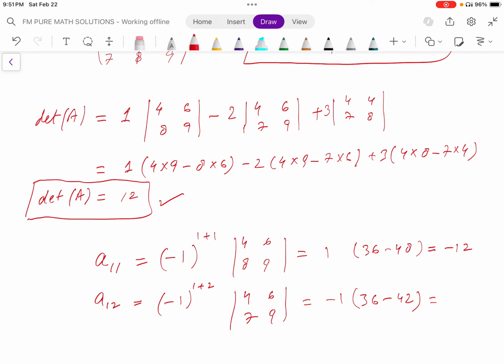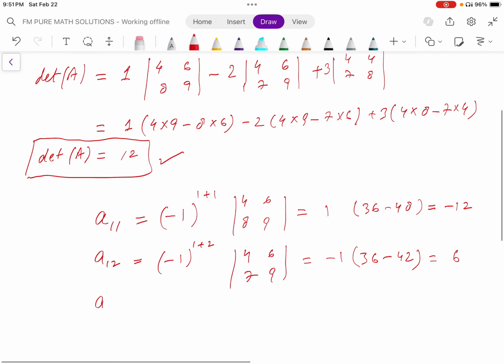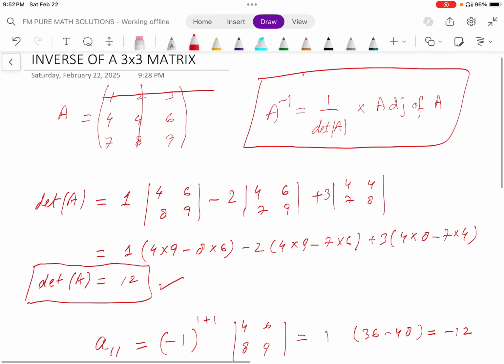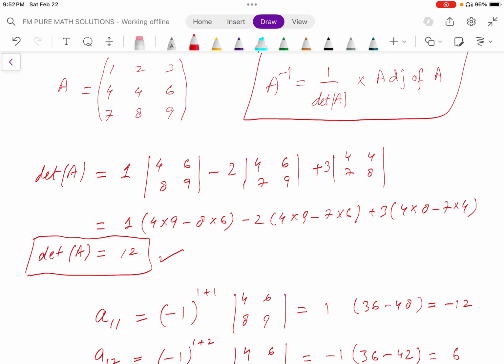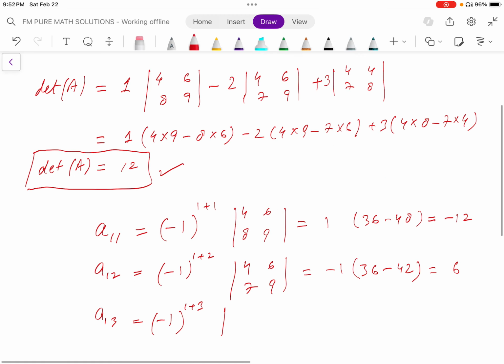So this becomes +6 here. Now the third element, -1 to the power of 1 plus 3, first row, third column. So the determinant is 4, 4, 7, 8. So that's +1 times 32 minus 28, which is 4.